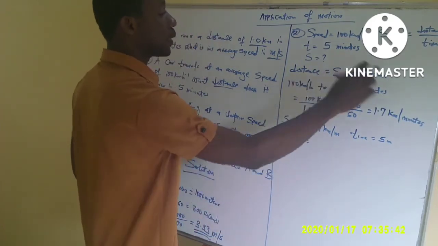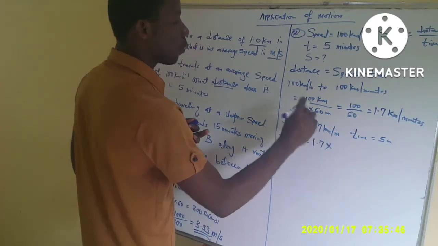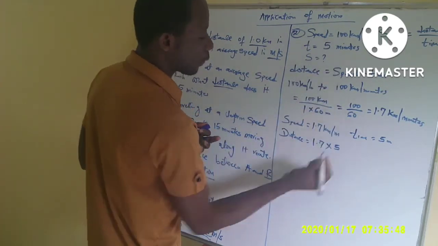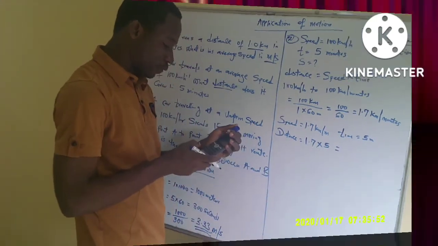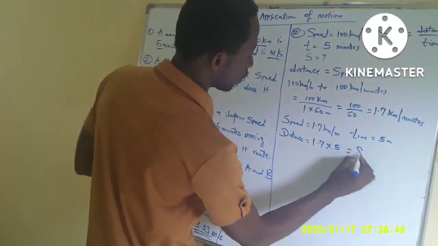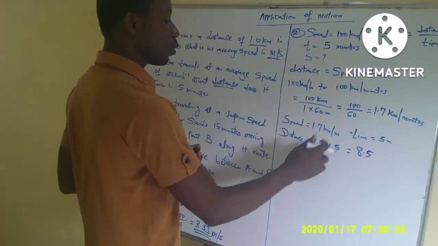So distance is going to be speed times time. What is speed? 1.7 kilometer per minute. What's the time? Time is 5 minutes. So 1.7 times 5 gives us 8.5. Remember, minutes cancel minutes when you multiply them.